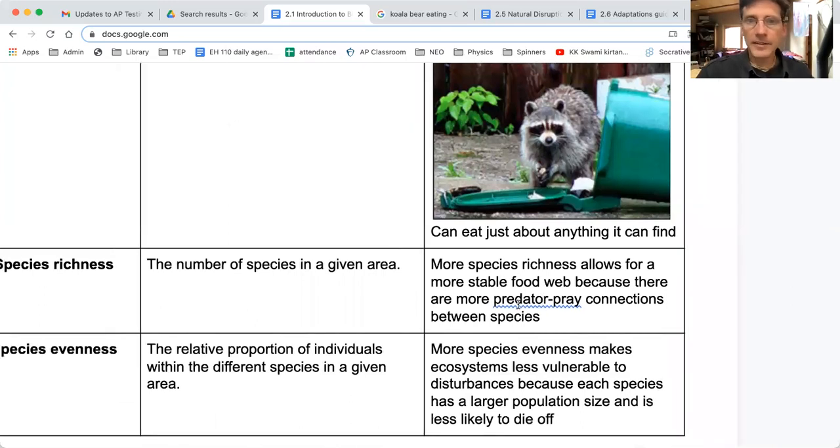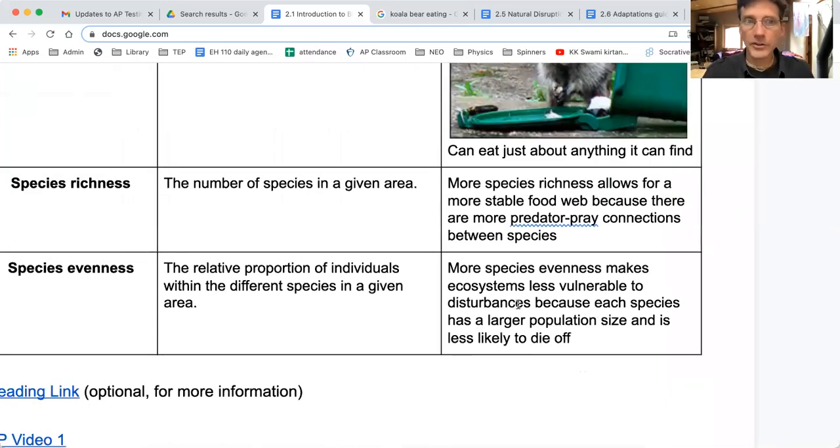And species richness. So we're just talking about the total number of species. So this is a measure of species diversity. One point about this is that when you have ecosystems where you have a large number of species, there's going to be a lot more connection between them in a food web.